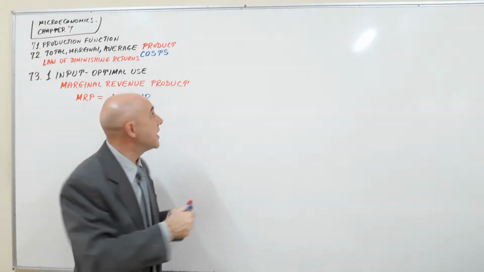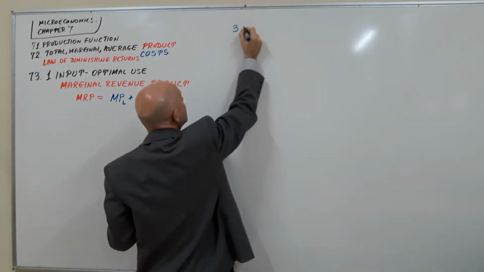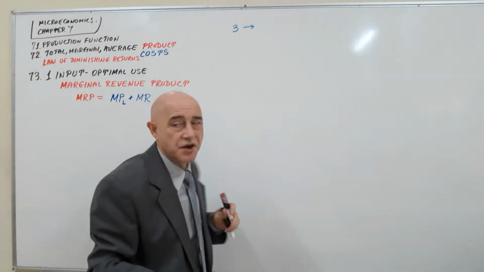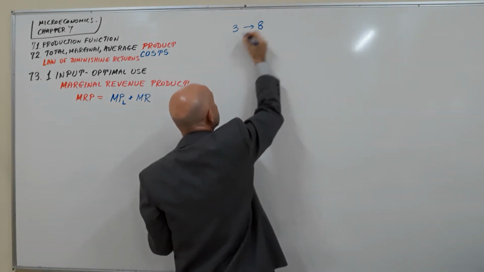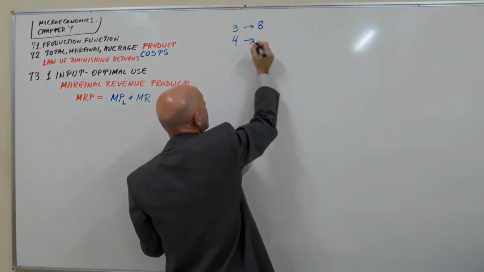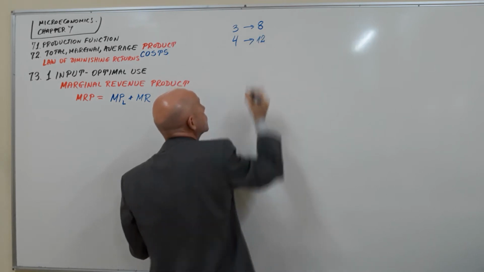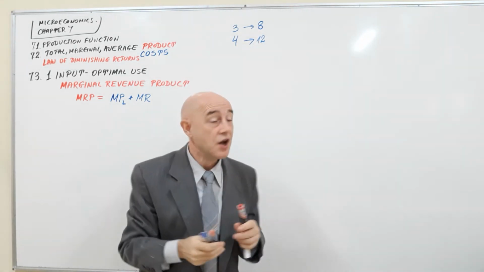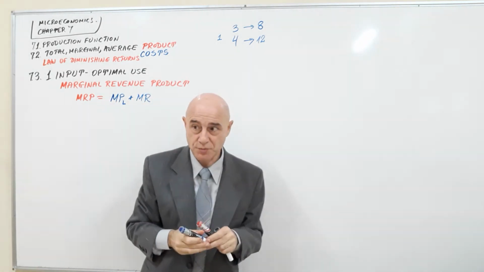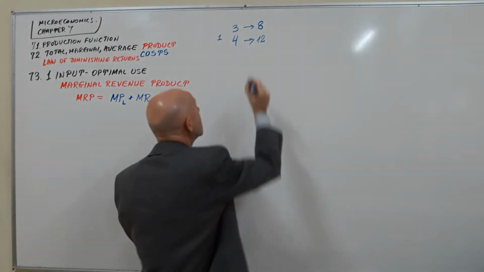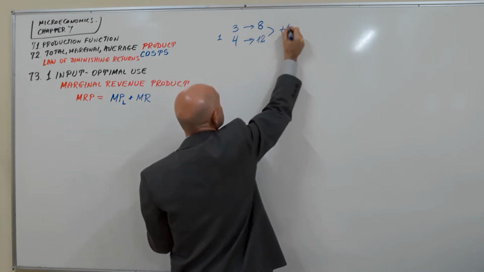You have, let's say, 3 workers, and 3 workers produce 8 units. And then you have 4 workers producing 12 units. For one extra unit of labor, the output is plus 4.